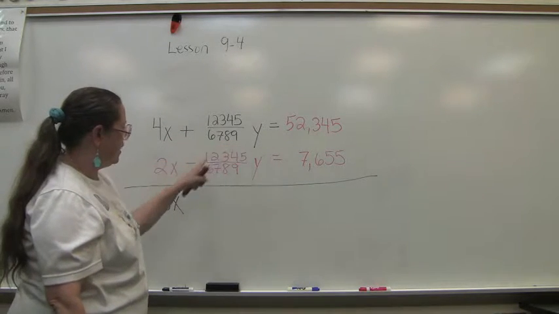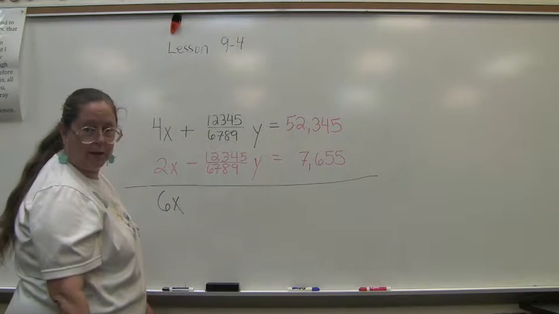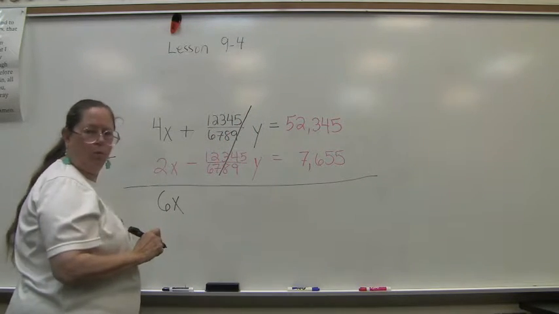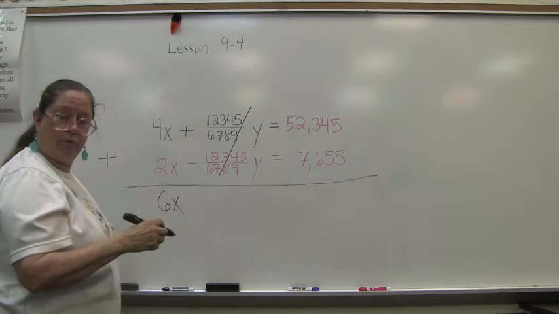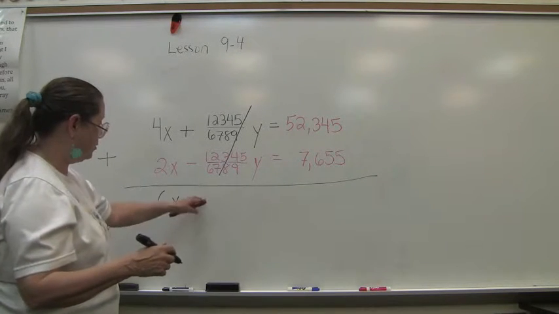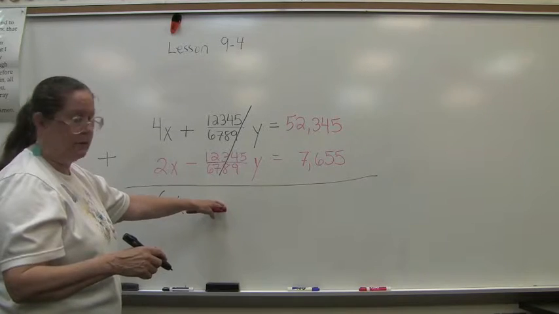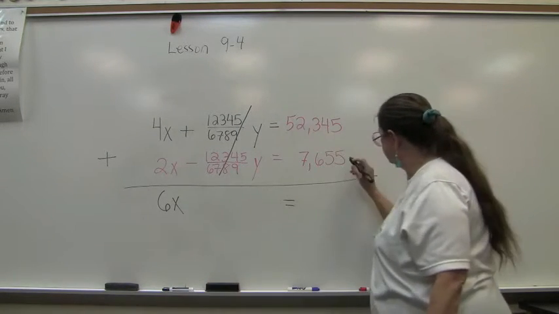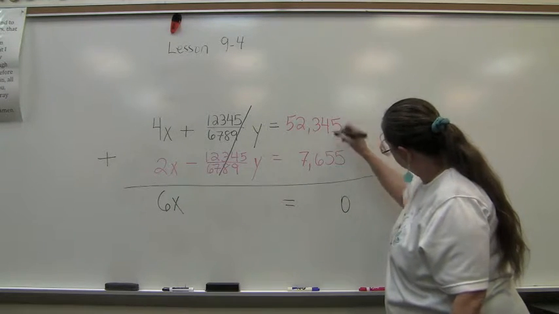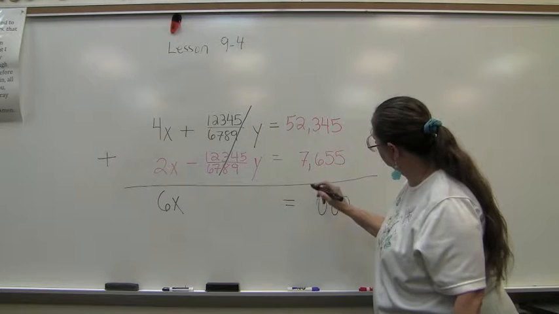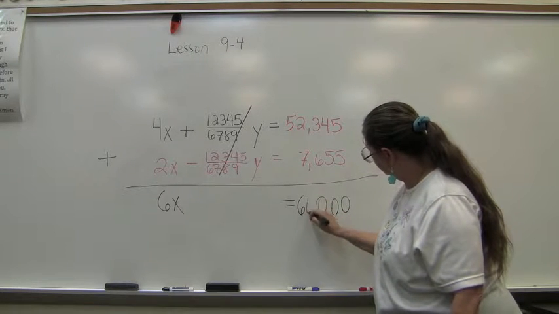So I have this many y and the opposite of that many y. That means when I add them together, I get 0y. So my y term is eliminated. It disappears. Okay, so I'm not even going to write 0y down here. And then I add over here, and let's see, I get a 0, carry my 1, a 0, carry my 1, a 0, carry my 1, and I get 60,000.